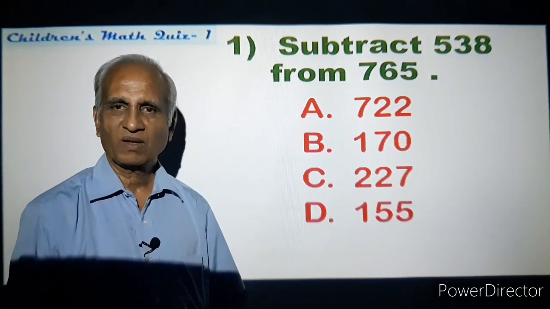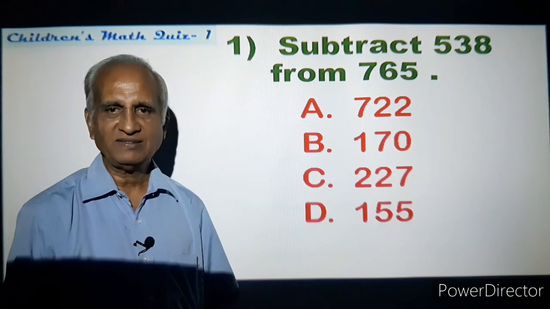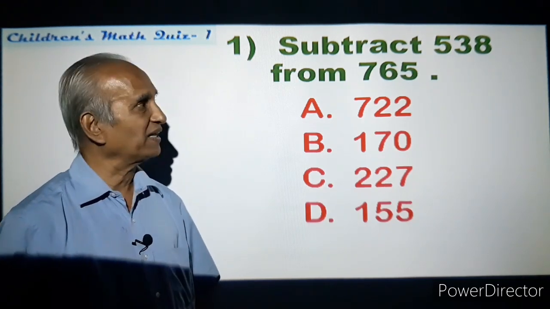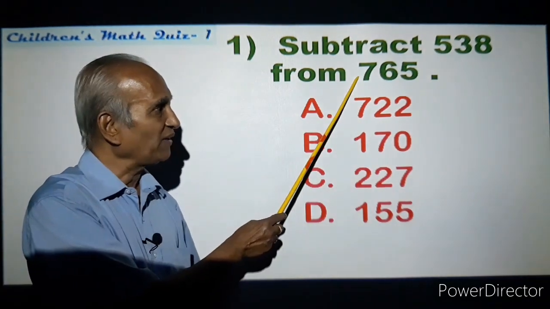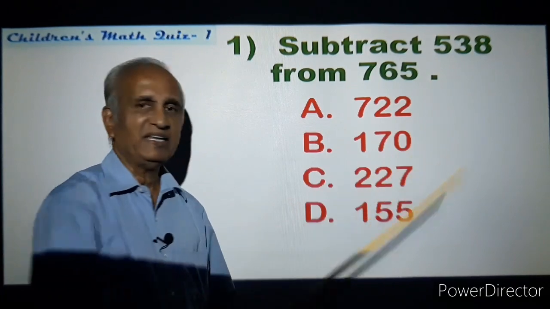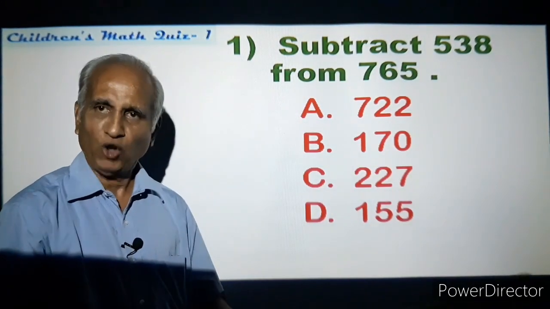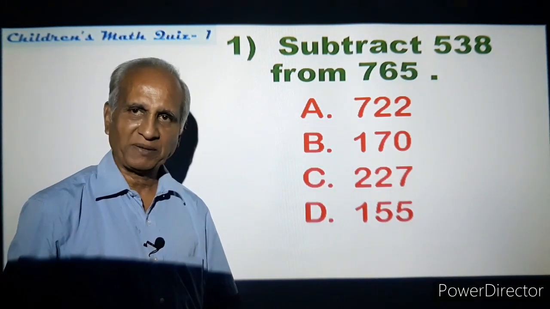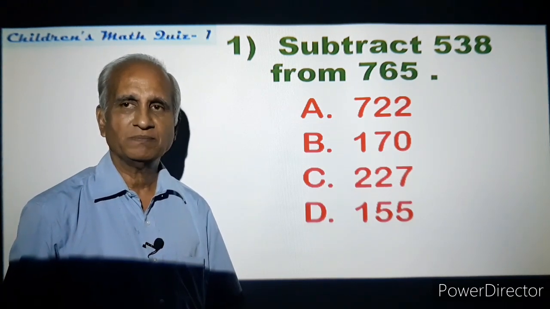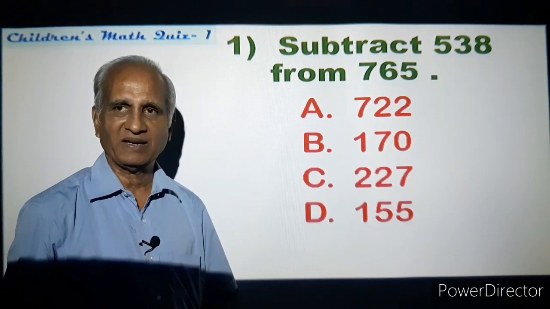Children, the usual practice you have in the class is to subtract one number from the other. Here from 765 you have to subtract 538. In the normal method, if you have to subtract and find out the answer, it will take quite some time and you have to check again.